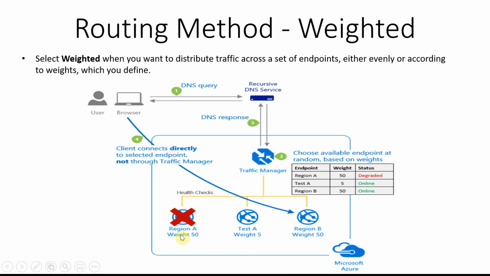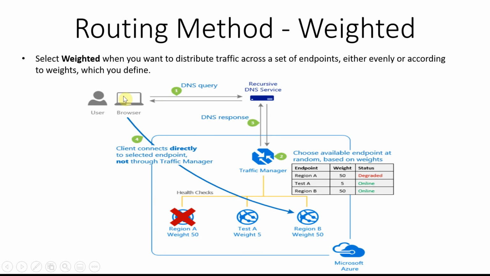If the primary is down, it will look for the one with the next higher weightage. So not by priority, it goes by the weightage number. Obviously this one has higher weightage, so the traffic will be routed to this one, not that one. That is the weightage based routing method.